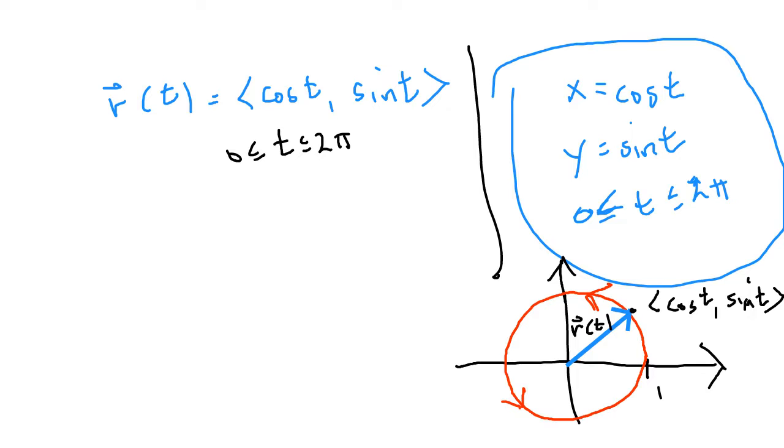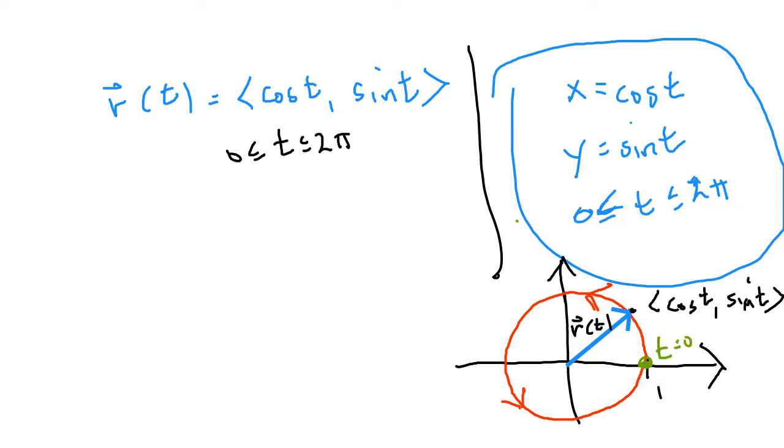Okay, so again, in multivariable calculus, you trace out the space curve. The space curve is traced out, whether it's 2 dimensions or 3 dimensions. It's traced out by this position vector as it changes with time. Obviously, this is a simple one.